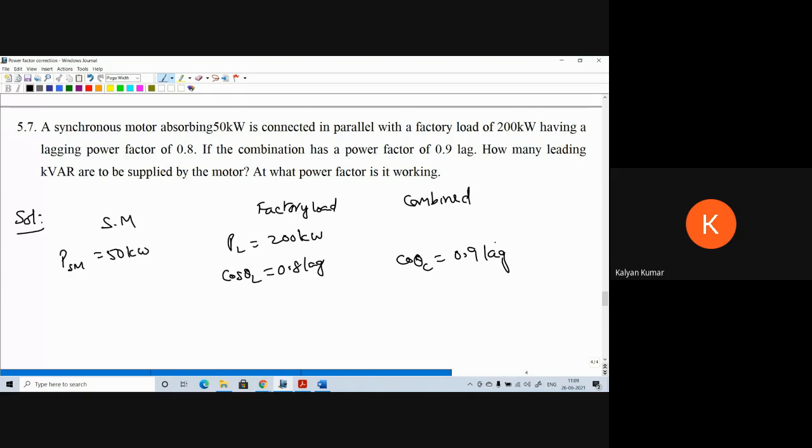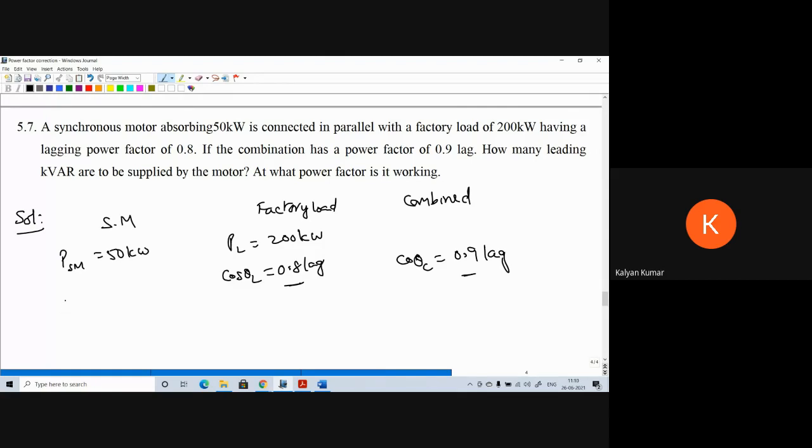So in the previous 2 problems, we have seen that the synchronous condenser is improving the power factor to unity. But here, it is not improving the power factor to unity, just from 0.8 to 0.9 only. Then, how many leading kVAR are to be supplied by the motor to improve the power factor?